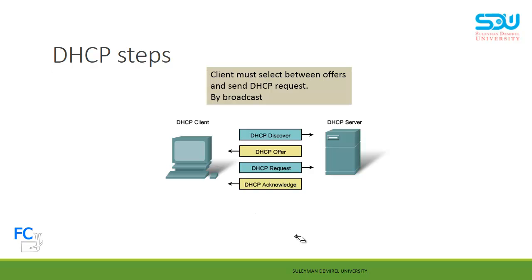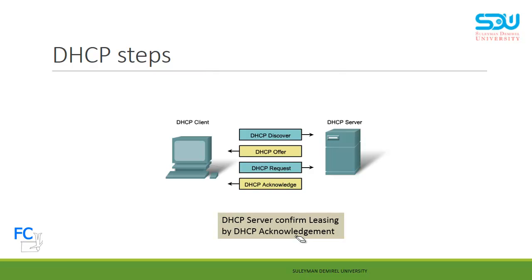And the last step is the DHCP acknowledgement. So the DHCP server says, alright, you took this information, I mean you took this IP address. It is the same as, for example, such a scenario. We have a girl with long hair, and we have 2 boys.